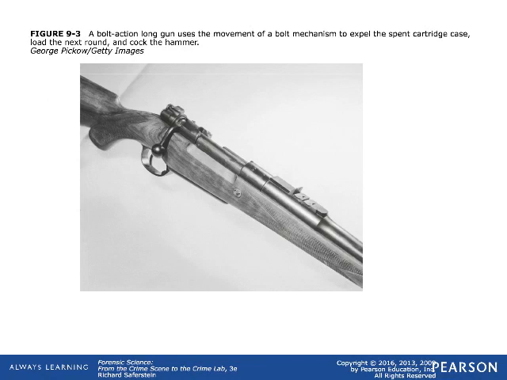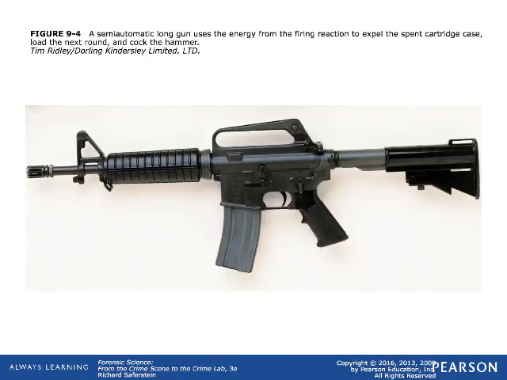There's a picture in your book of a bolt action long gun. A bolt action long gun has a bolt mechanism that's going to expel the spent cartridge case, and then you can load the next round and cock the hammer. Then there's another picture in the book, which is a semi-automatic long gun.